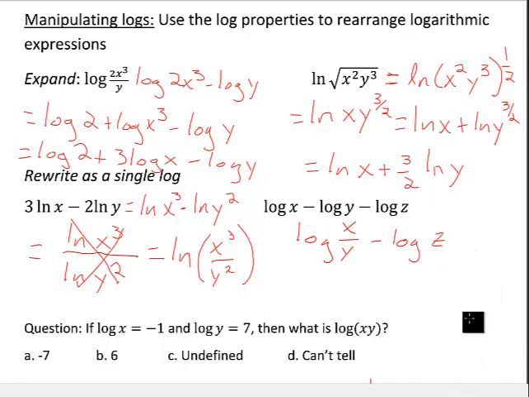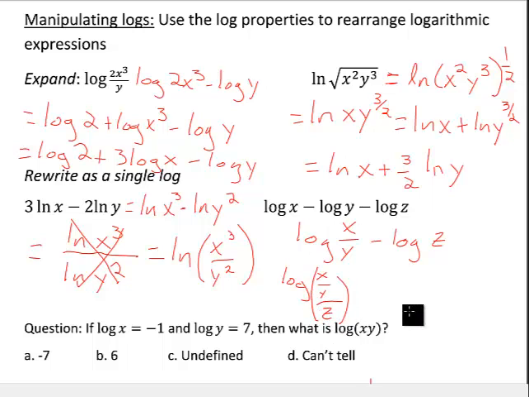Okay, so now again we have to do a quotient of the inputs, so that's the log of x over y, let me try that one more time. The log of x over y all over z.